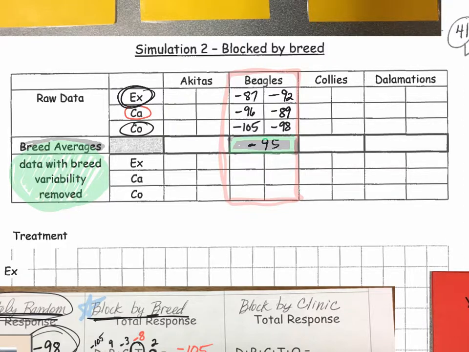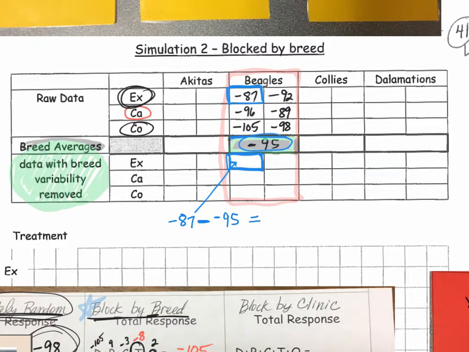So here's how that works. In each cell, so think of this as a matrix, in this top left cell here, I am going to take this top number, this -87, and subtract away the average that's happening because of the fact that we're a Beagle. So this number gets computed as -87 minus -95.